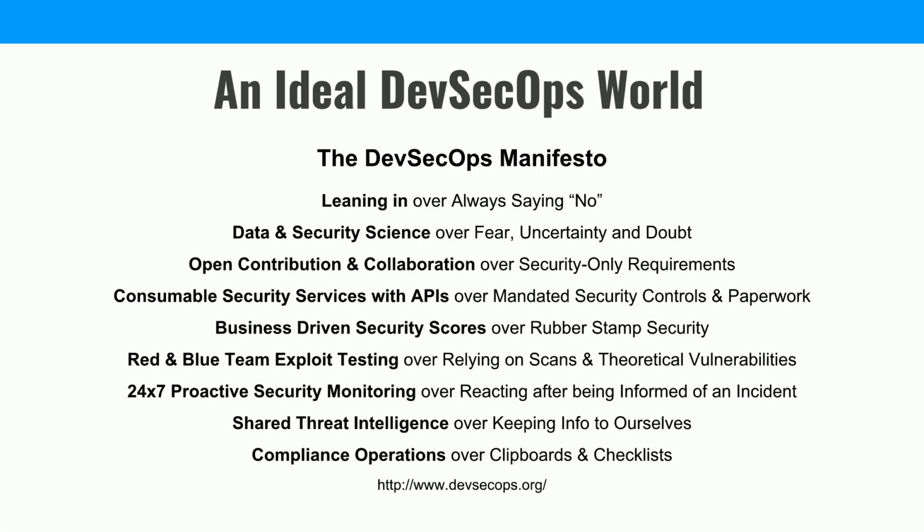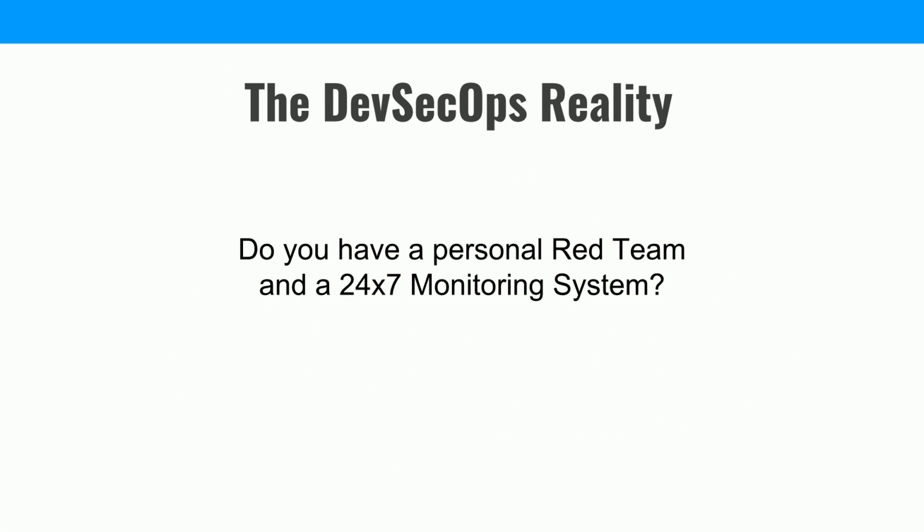So a lot of that sounds really awesome and really cool, but in an ideal world, we would all have that and all have the budgets and teams for implementing such concepts. But in reality, how many of you have your own personal red team or your own 24/7 monitoring system built into place? Probably not many of you, I would venture to guess.